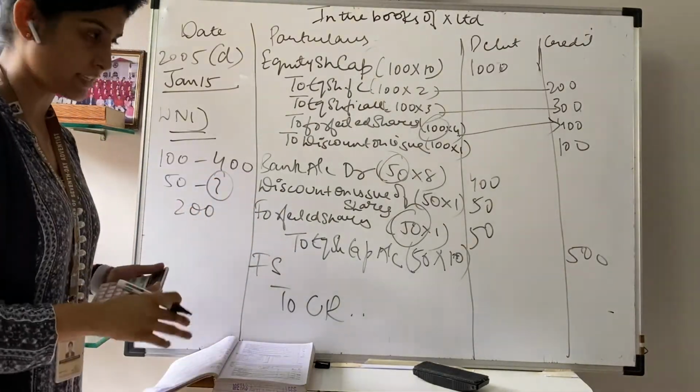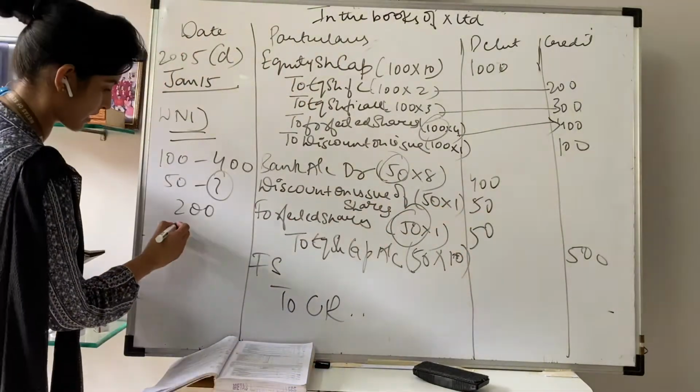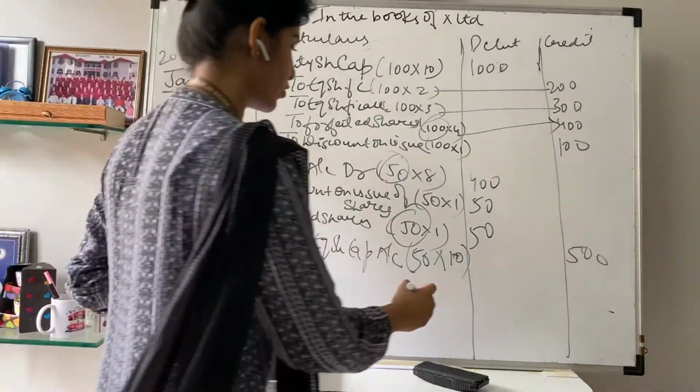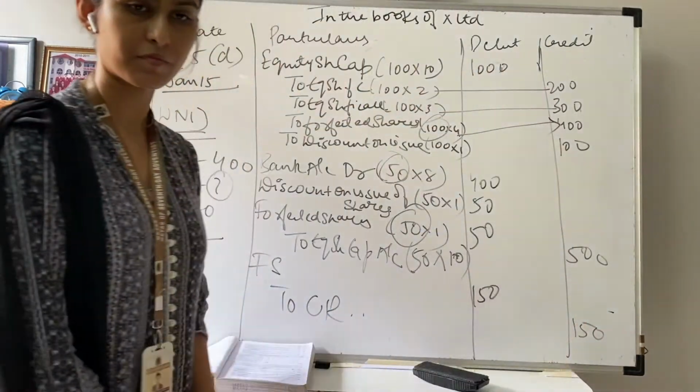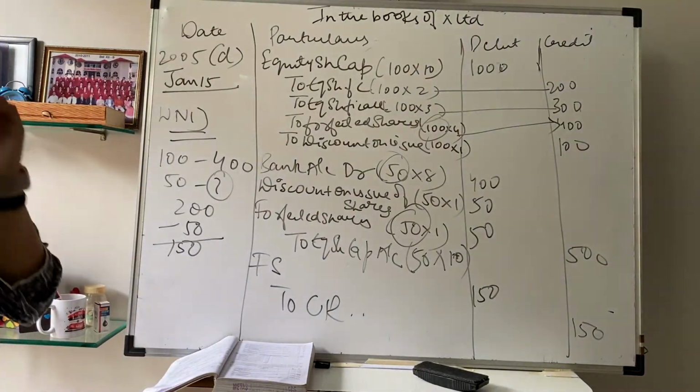Till here it is clear, and then this is the part of your forfeited shares which will be subtracted. 50. So forfeited share capital reserve amount will be 150. Clear? Note it down fast.